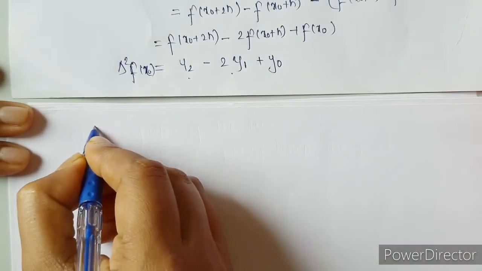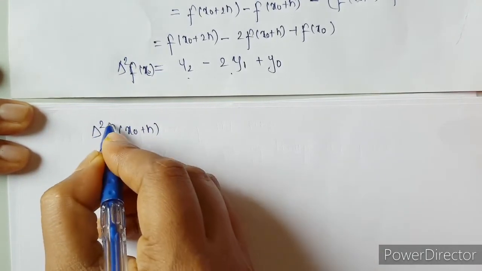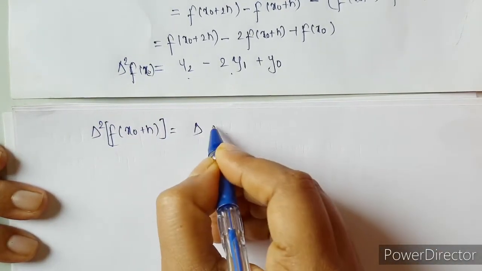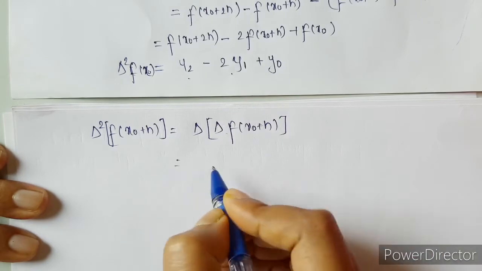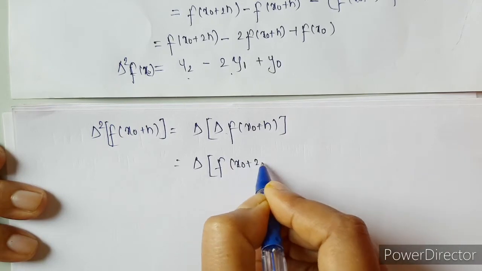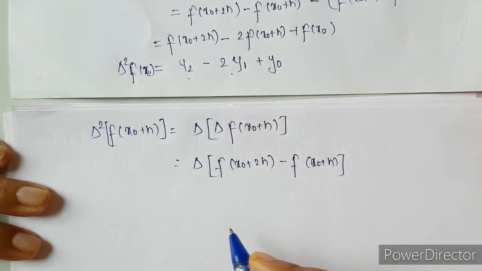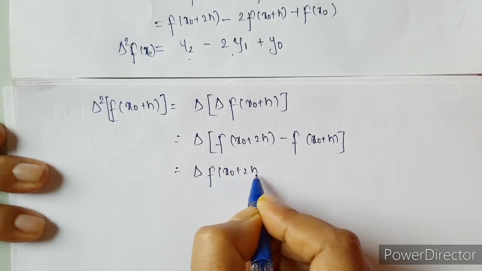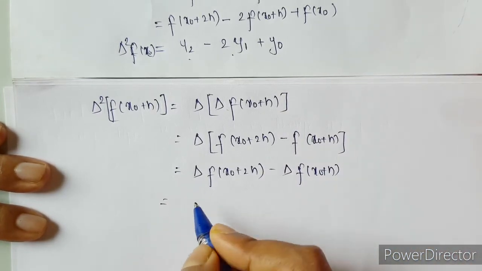Now similarly, delta square of f of x naught plus h is difference of f of x naught plus 2h minus f of x naught plus h. Again, simplifying this, right?